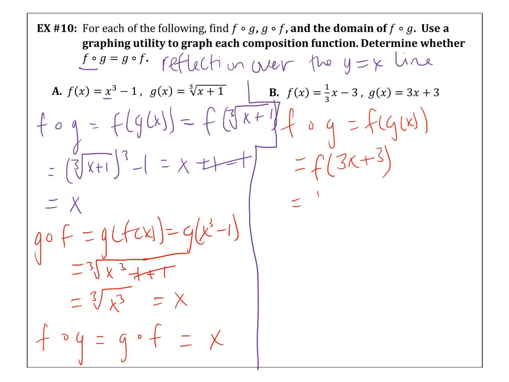So I'm going to substitute this in. So we end up with 1/3 (3x plus 3) minus 3. We're going to distribute. That's going to give us 1/3 times 3 is x, 1/3 times 3 is 1, minus 3. And that equals x minus 2. So f composed of g equals x minus 2.